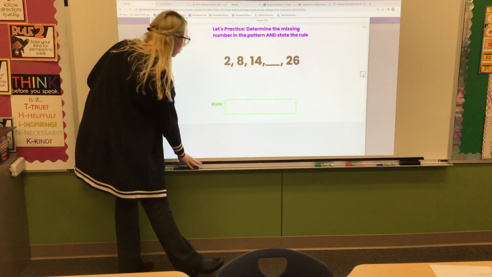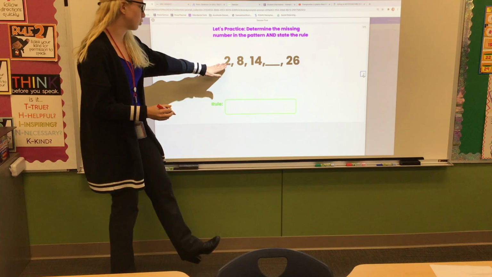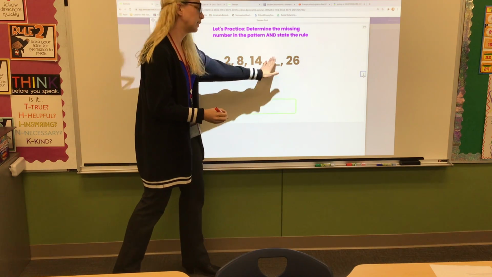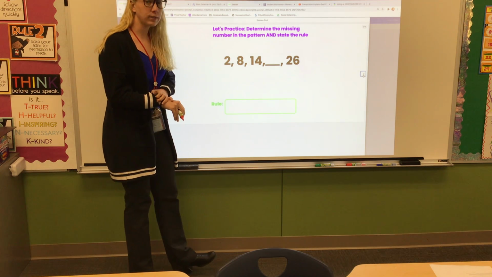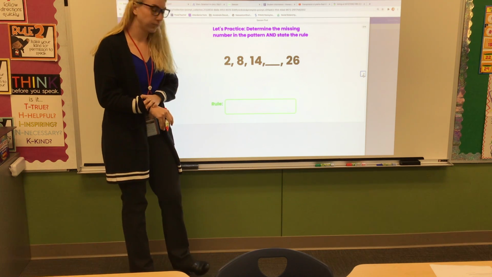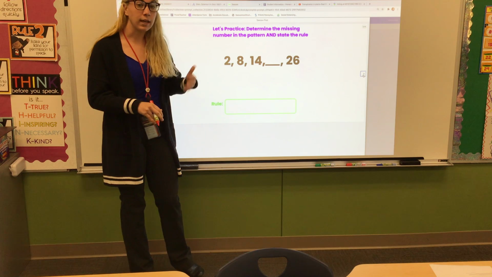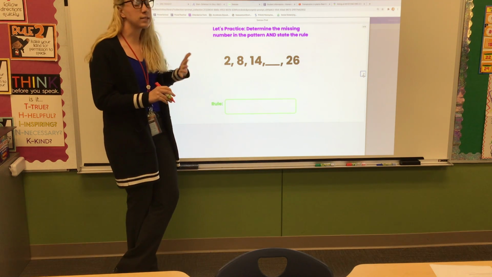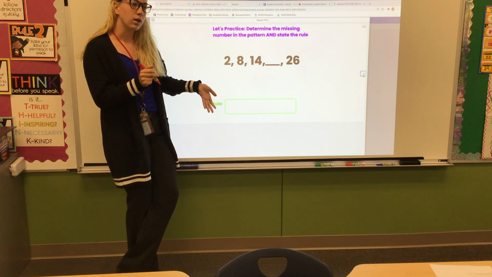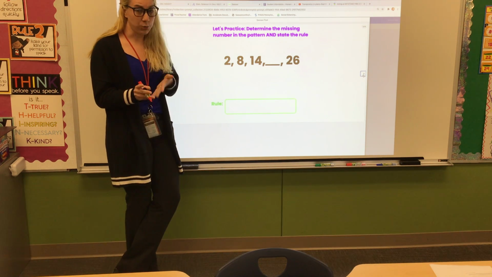Okay. So now we have new numbers. We go 2, 8, 14, something, 26. Again, we have to figure out, is it going up or down? Are the numbers getting bigger or smaller? You're right, this time they're getting bigger. Very good. So since they're going up, there's still a difference between the numbers though. And it's normally easier to find it using subtraction.